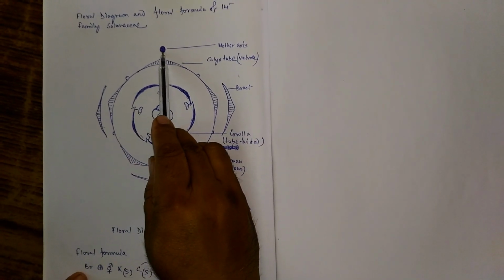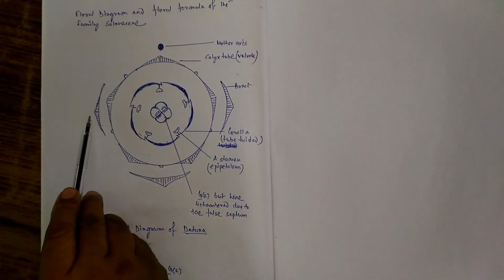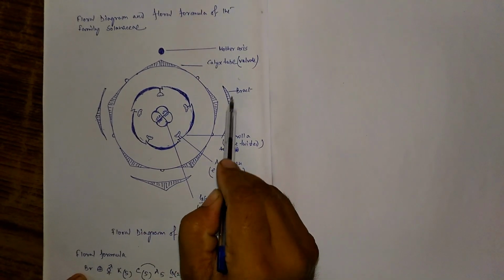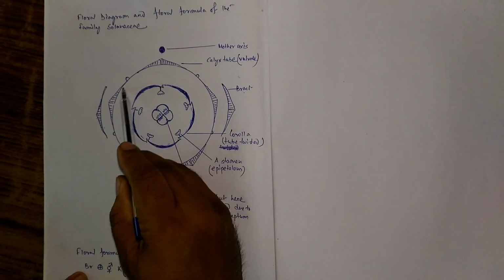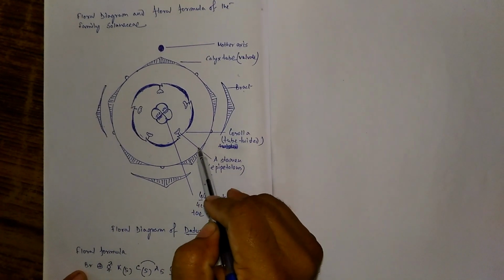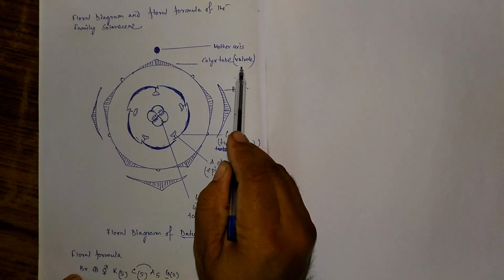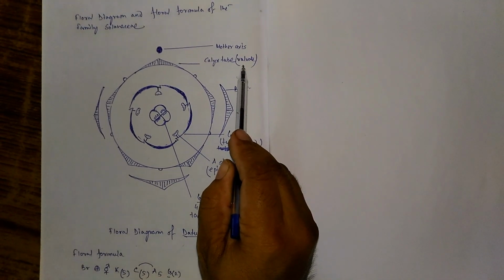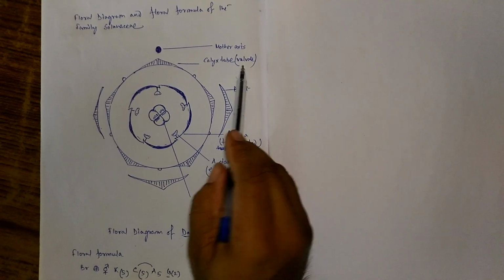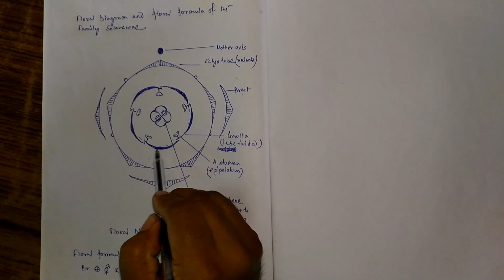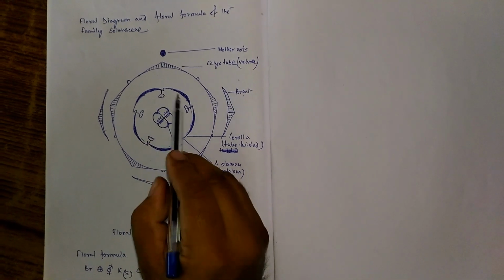This one is mother axis. These 3 are the bracts, since the flower is bracteate, and this one is the calyx tube. It is made up of 5 sepals which are united to form the tube and valvate in manner. Next, this one is the corolla tube.